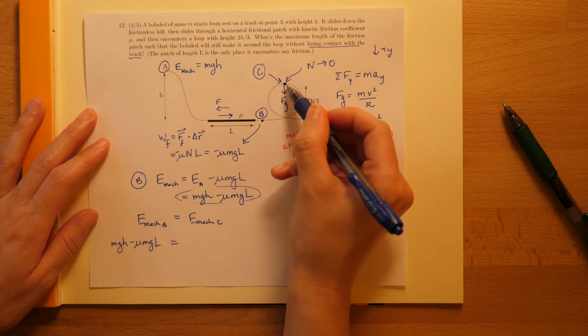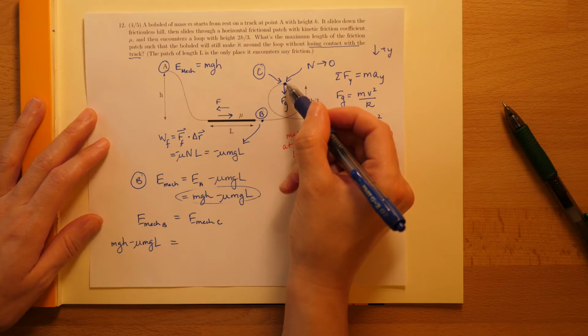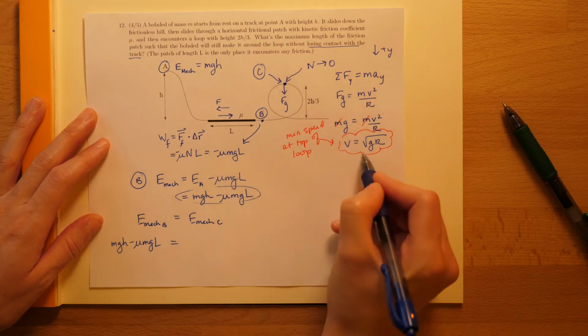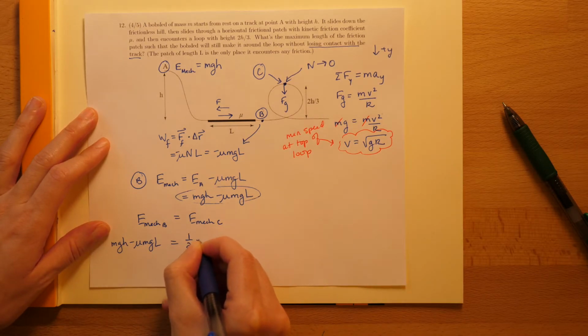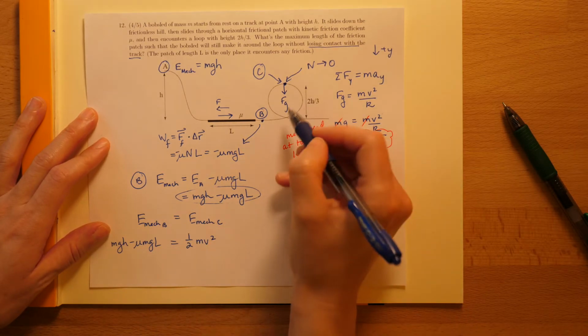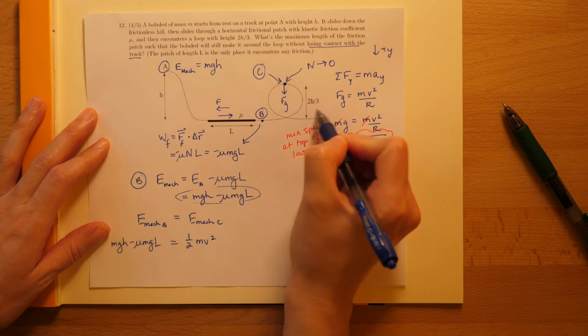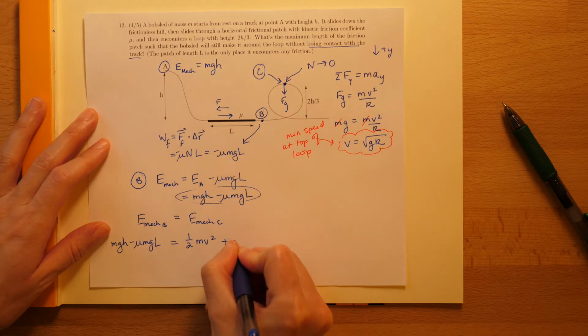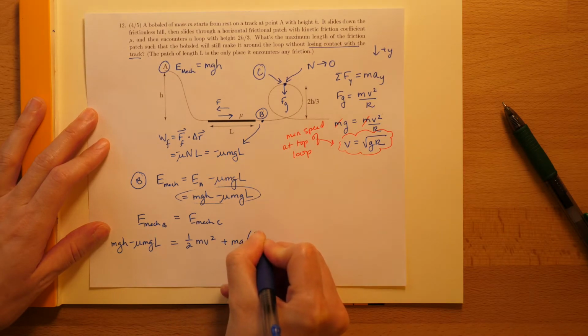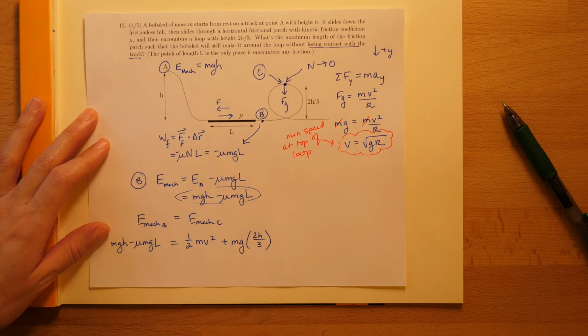Now we'll look at point C and ask what kinds of energy it has at that point. It's moving, it has a speed v at that point, so it has kinetic energy. It also has potential energy because it's at this height, so we add the potential energy mg times 2h over 3. Does it have anything else? No, just kinetic and potential.